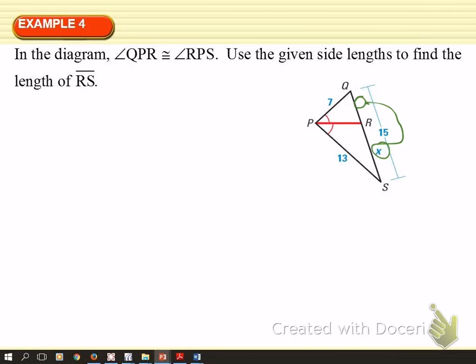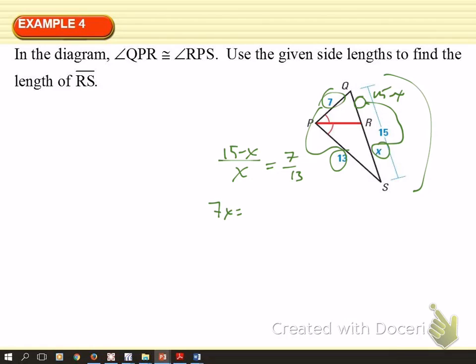Well, QR has to be 15 minus X, since this whole side is 15, and that piece RS is X. So I'd go 15 minus X to X must be equal to top to bottom 7 to 13.